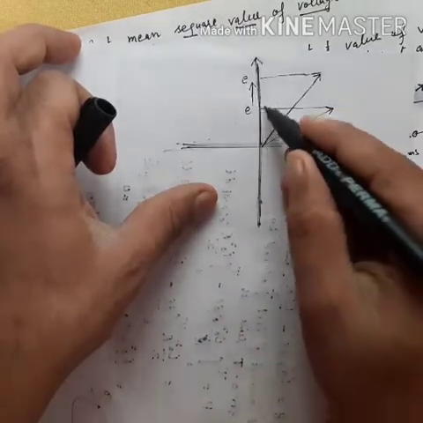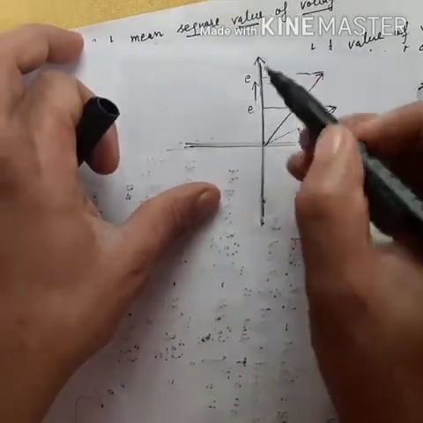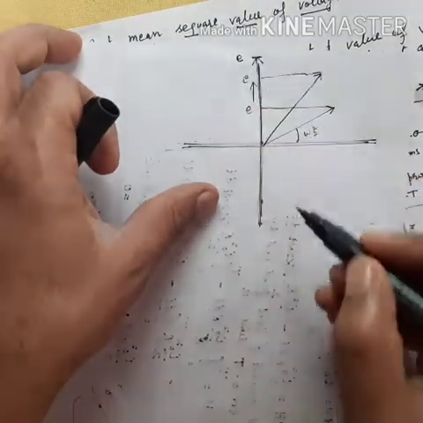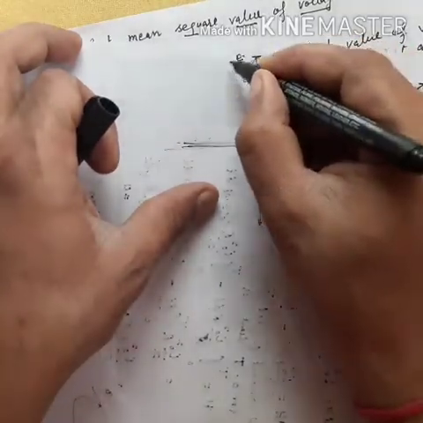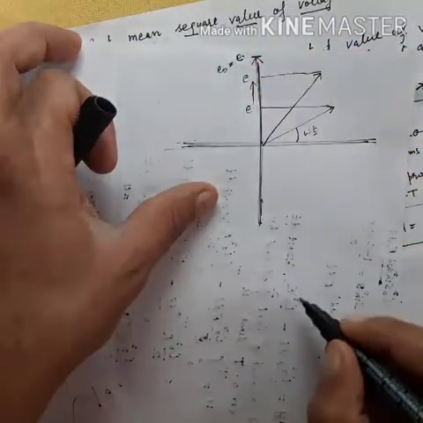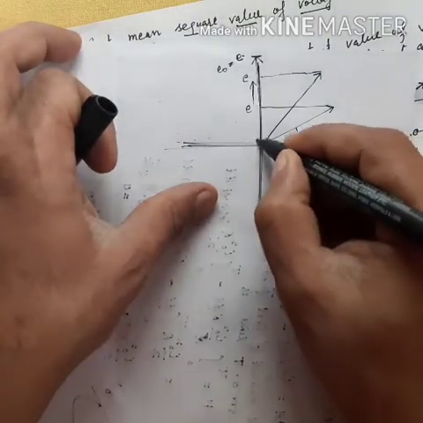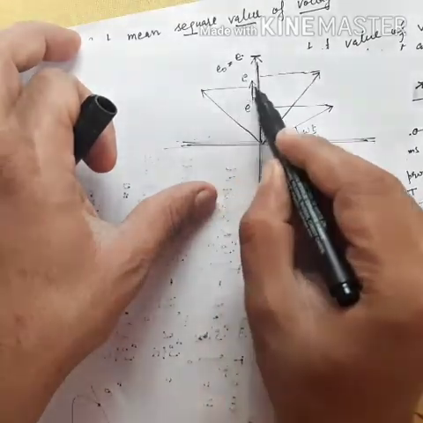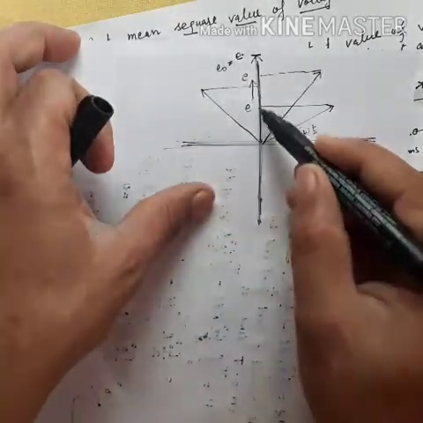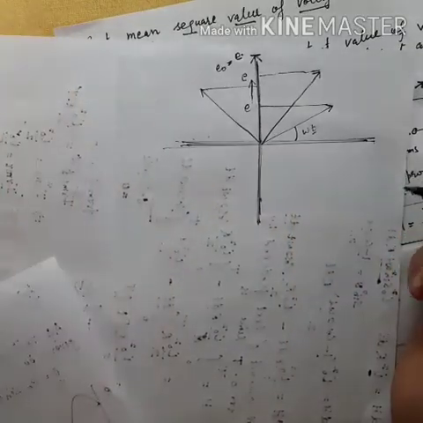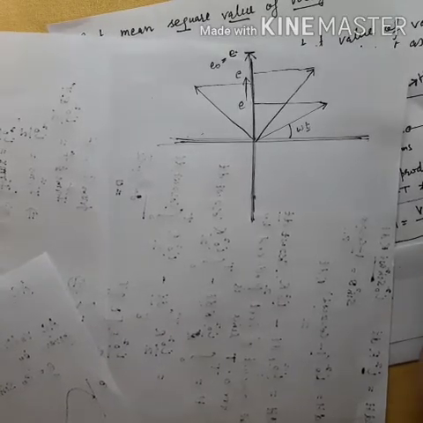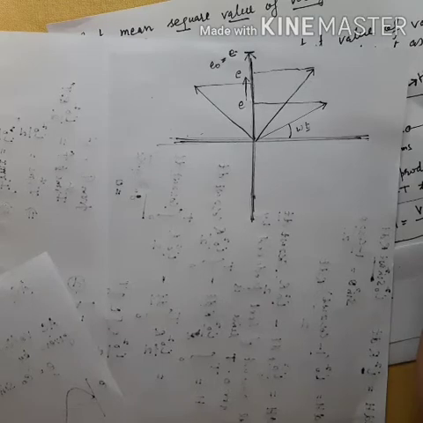Similarly, when this arrow reaches this position, your EMF, or alternating voltage, becomes maximum, equal to its peak value. If the vector reaches this position, the instantaneous value further decreases and then goes to 0. This is how the vector changes with time and causes a different EMF or voltage at different times.